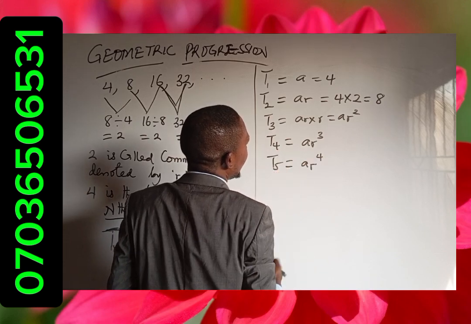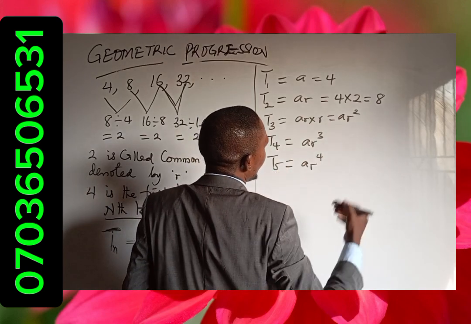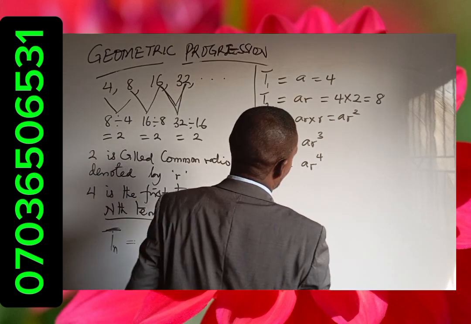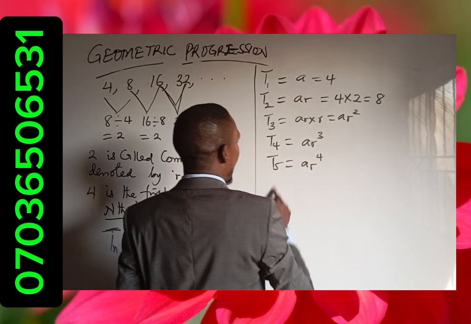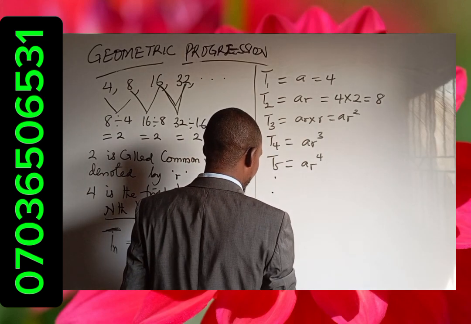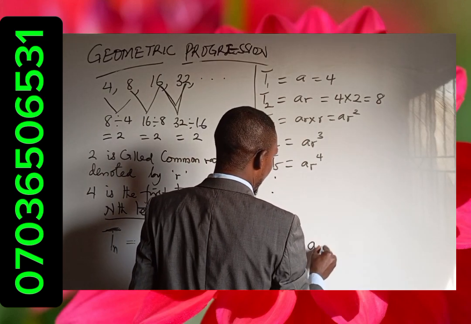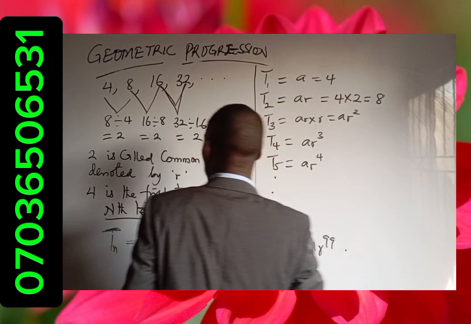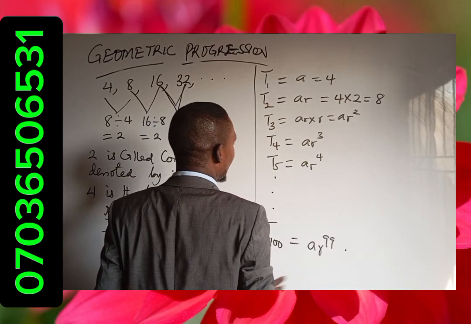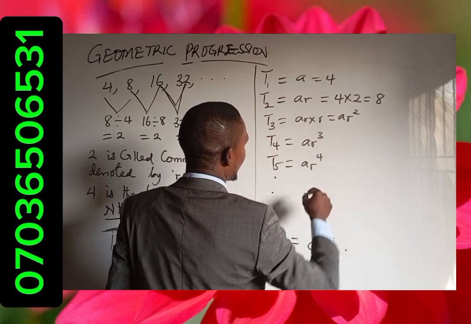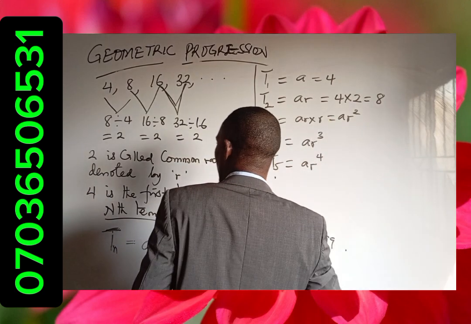The way we did in AP, the coefficient of D is 1 less than the term to be found. So T100 is AR raised to power 99. Anytime you have to find the nth term, it is AR raised to power the term minus 1.